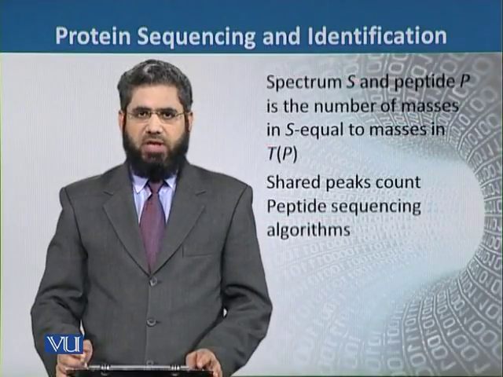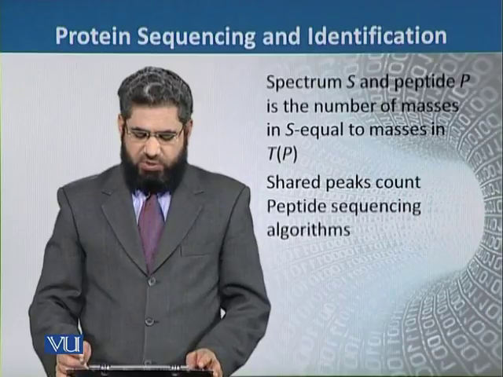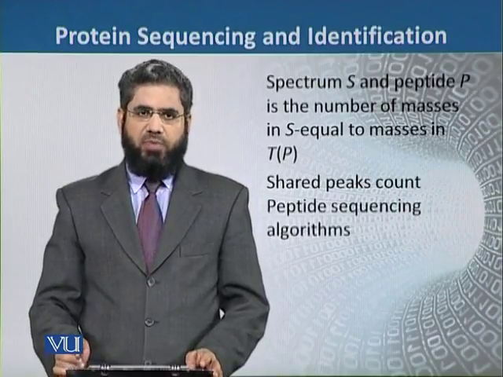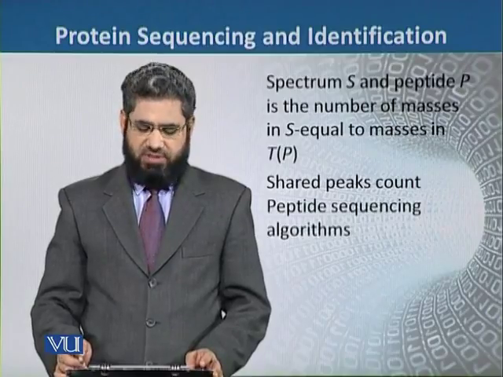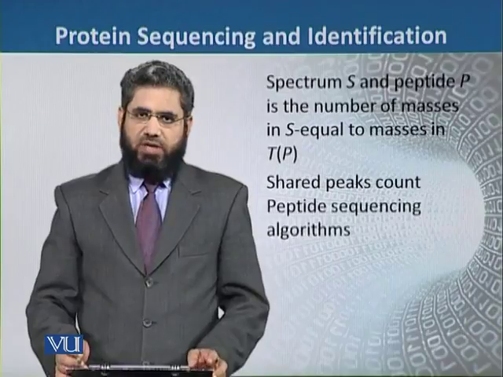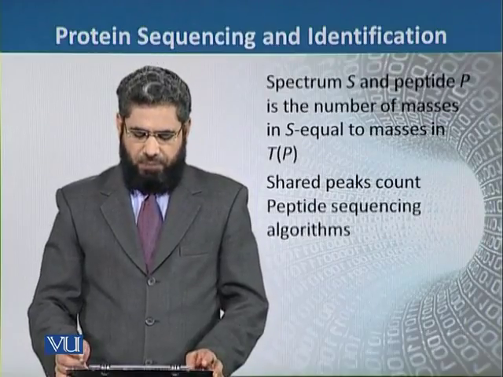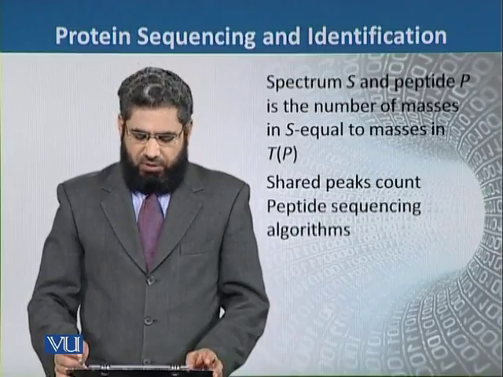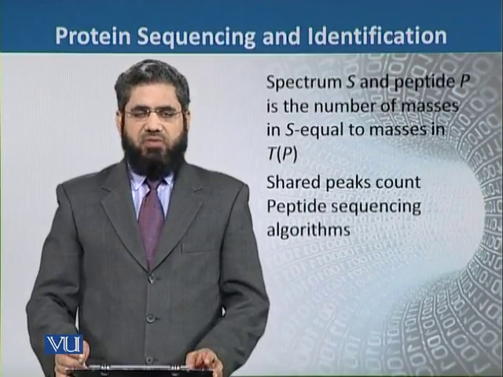The match between the experimentally generated spectrum S and the peptide P is the number of masses in the spectrum S that are equal to the masses in the theoretical spectrum TP. It is also known as the shared peak count.